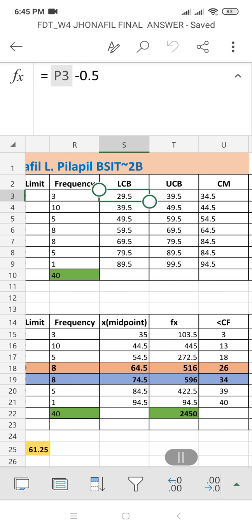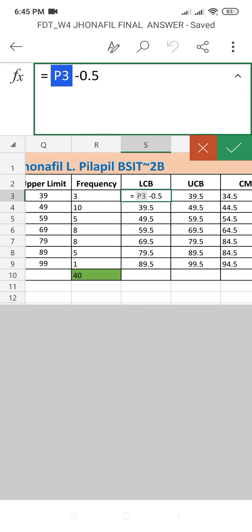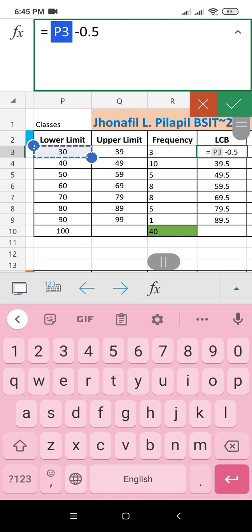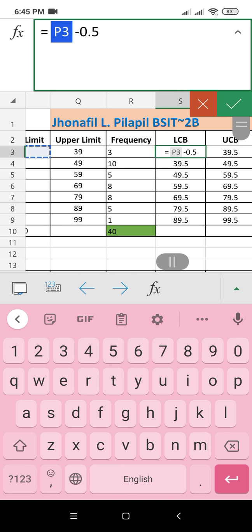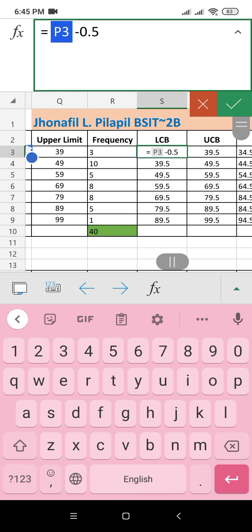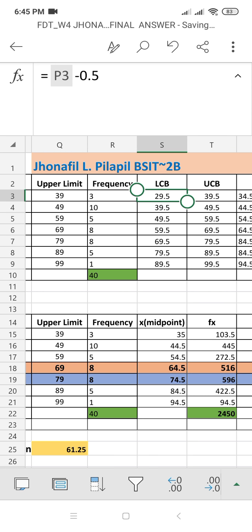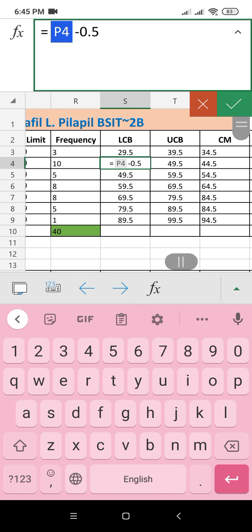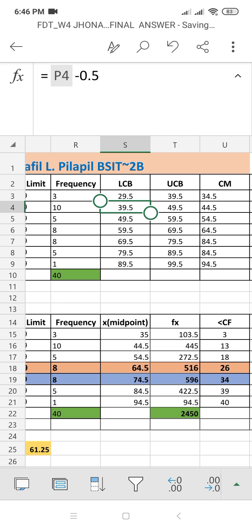Next is the LCB. In getting the LCB, the lower limit, you should subtract 0.5. So lower limit 30 minus 0.5 equals 29.5. Next is the lower limit 40. So we also subtract 0.5, so it equals 39.5.